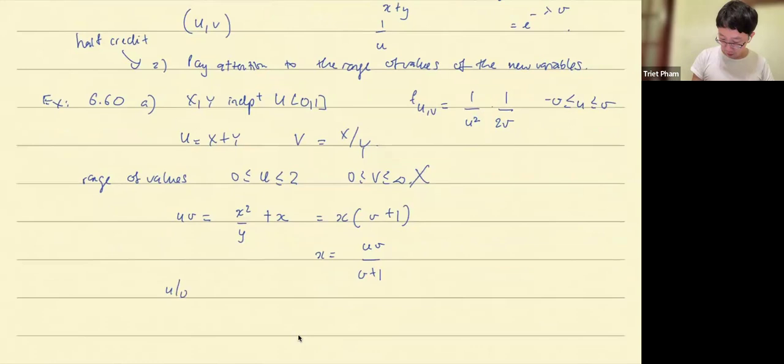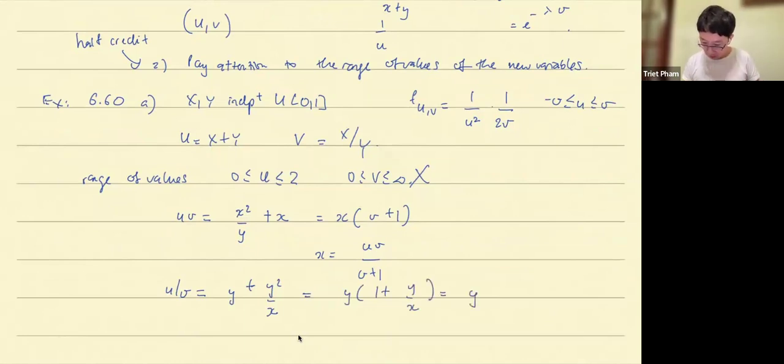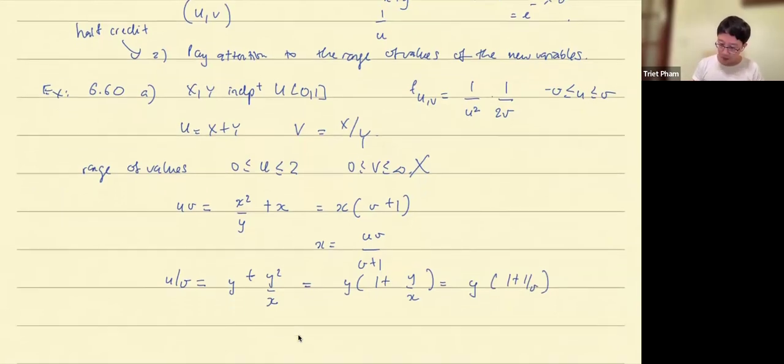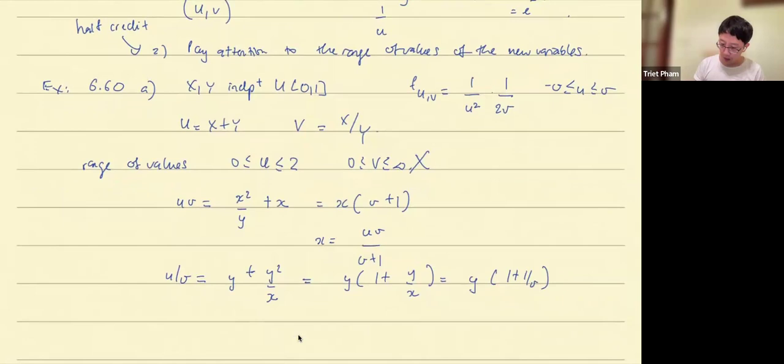Similarly, if you divide U over V, you get Y over X, so Y plus Y squared over X, which is Y times 1 plus Y over X, which is Y times 1 plus 1 over V. Do I need this?